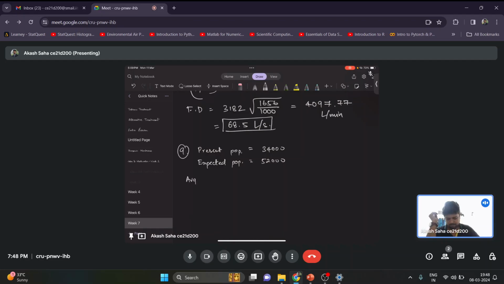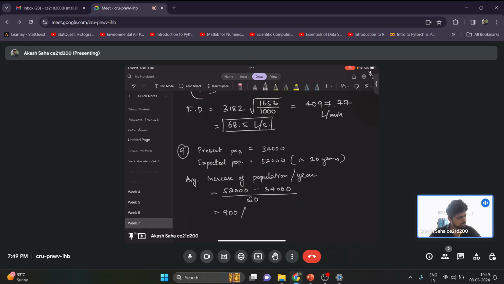So if you find out the average increase of population per year, it will be 52,000 minus 34,000 divided by 20, because this expected population is given in 20 years, right? So my per year population increase is around 900. Okay, this is the average.